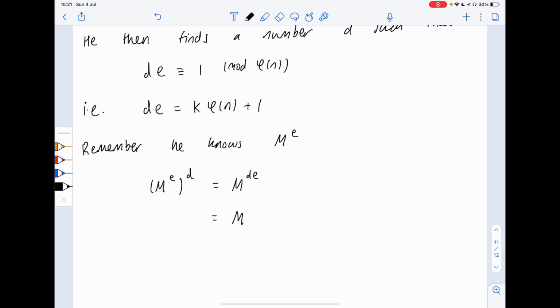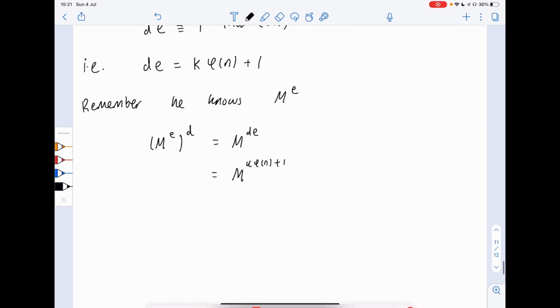But this is M to the power of K times phi of N plus 1, by assumption. By our power rules, this is M to the K times phi of N, times by M. Again, by the power rules, this is M to the phi of N, to the K, times M.